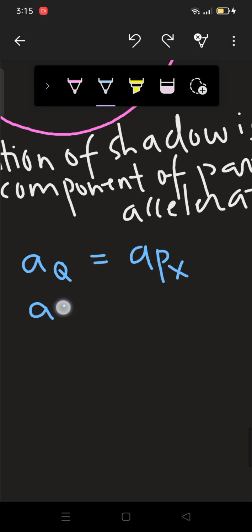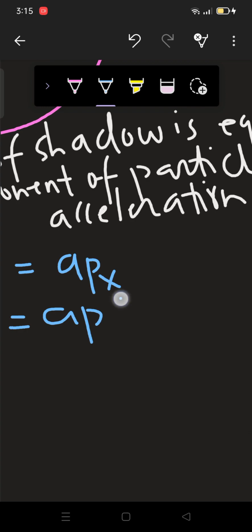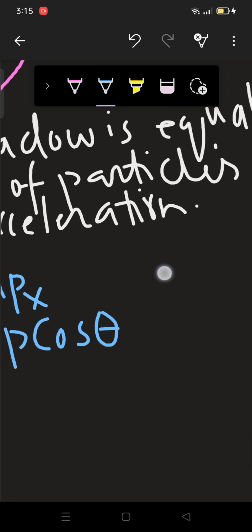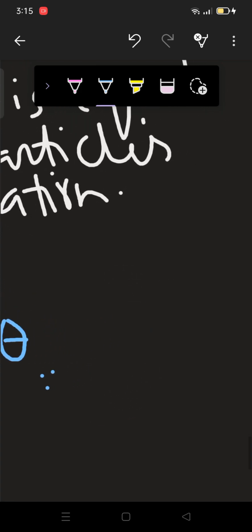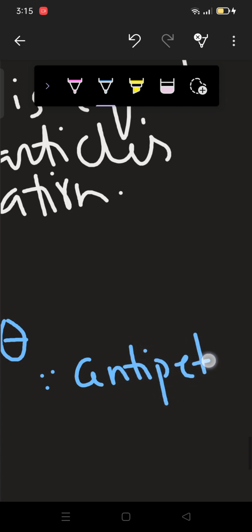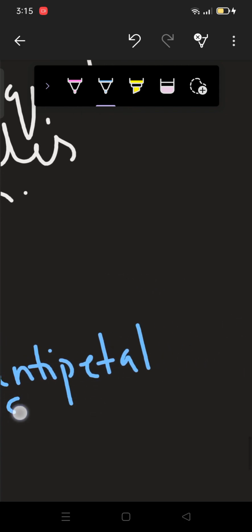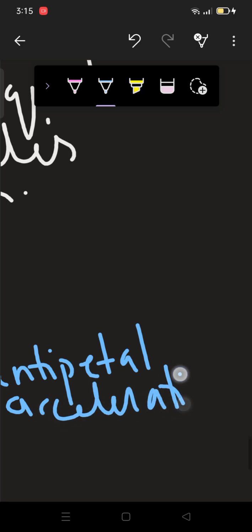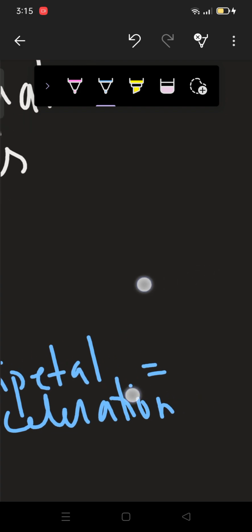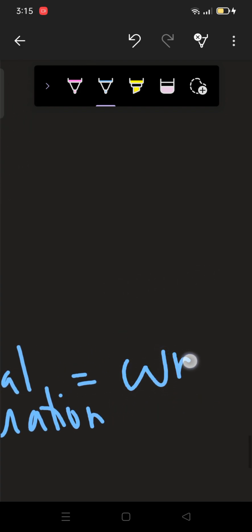Now see, a_q is equal to, instead of a_px, I can write a_p cos theta, right? And we know that in uniform circular motion, the centripetal acceleration is omega squared r.